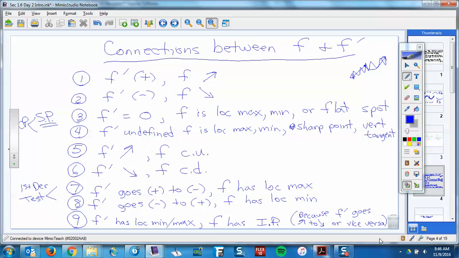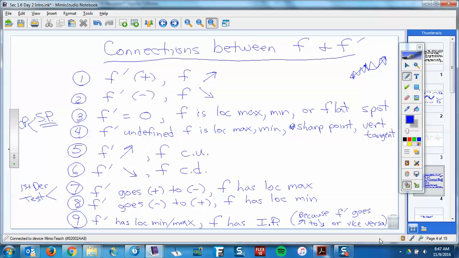So this is F prime, I'm drawing right here, right in the air. F prime is increasing, F is concave up. Then F prime changes to decreasing, so F is now concave down. So right here, you had a change of concavity. Okay? If you go the other way, decreasing, F is concave down, increasing, F's concave up. Again, you had to change the concavity either way.